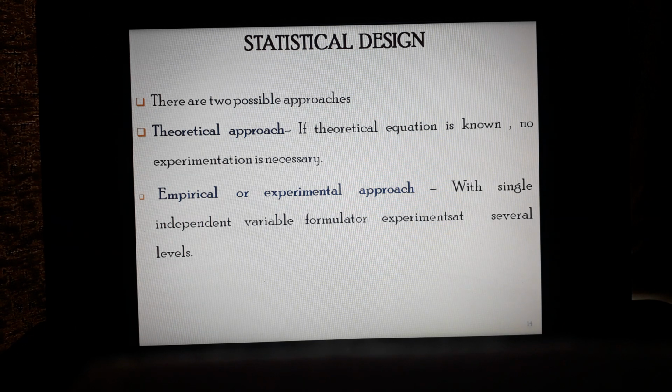As far as the empirical or experimental approach is concerned, with a single independent variable, the formulator can design their own experiment with respect to several levels. So as far as the experimental approach is concerned, it is quite crucial to design your own optimization technique to come up with a good idea and formulate your base batch with good responses altogether.